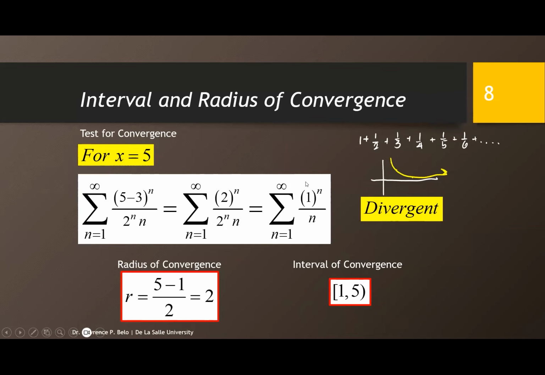Because from 1 up to 5, the diameter of convergence, if it were a circle, the diameter is 4 or the radius is 2. But only one side of it is convergent. So let's try number 1. The first thing to do is a ratio test.